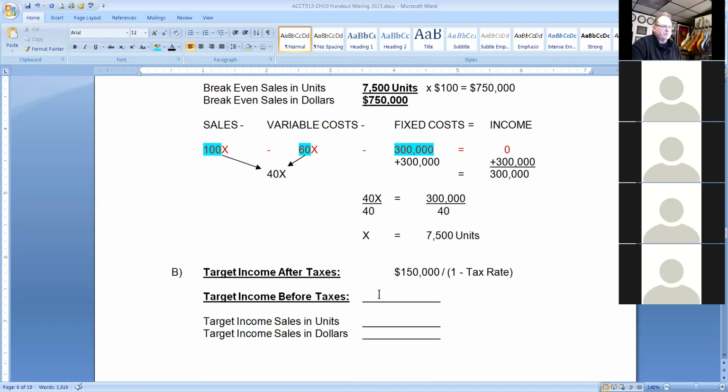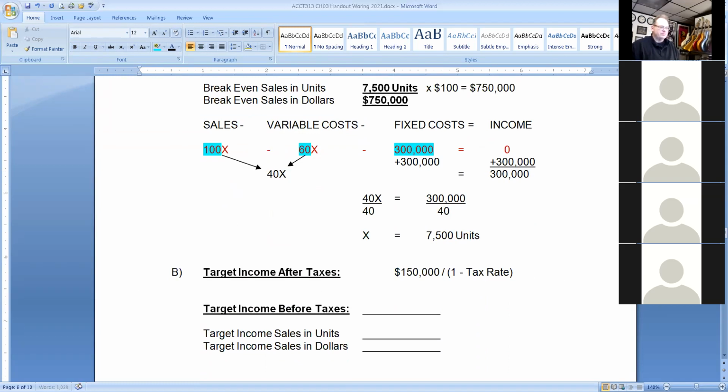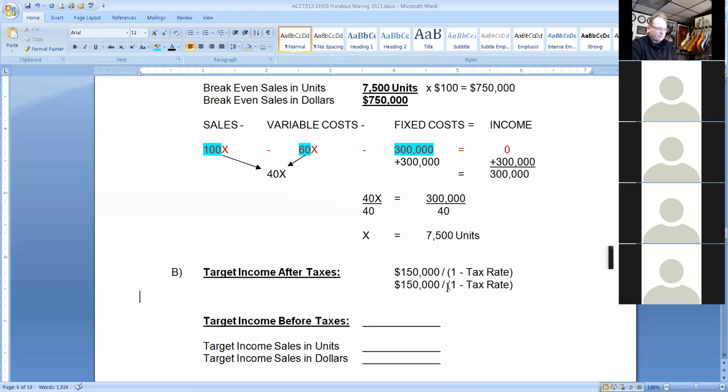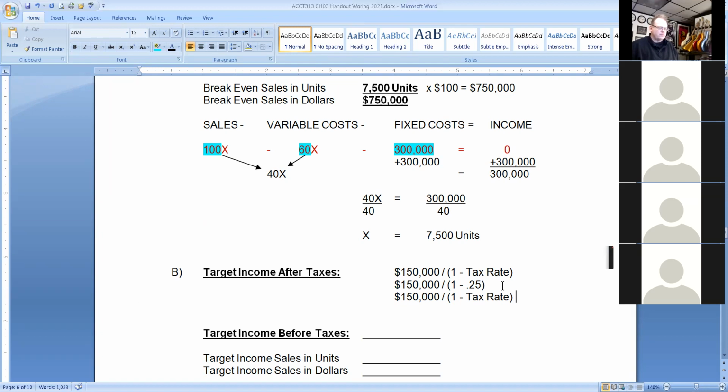Okay, so let's do this. All right, so 1 minus 0.25 equals 0.75.